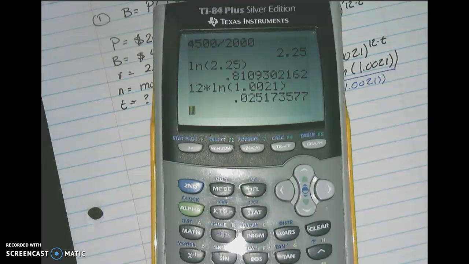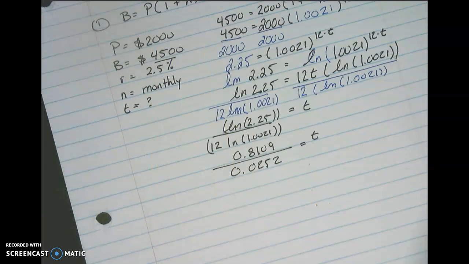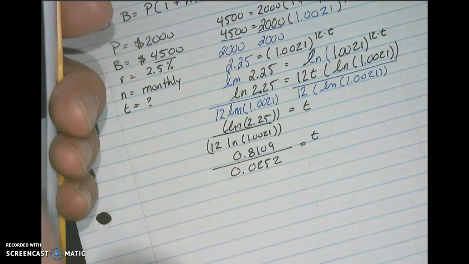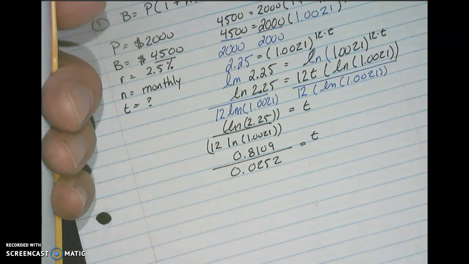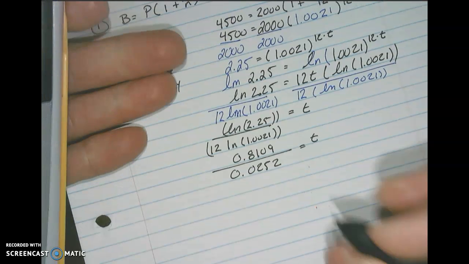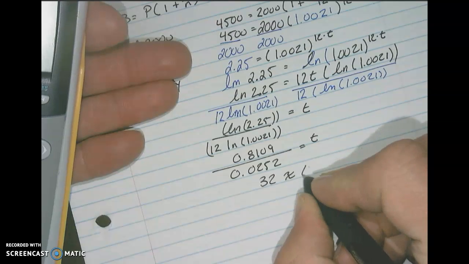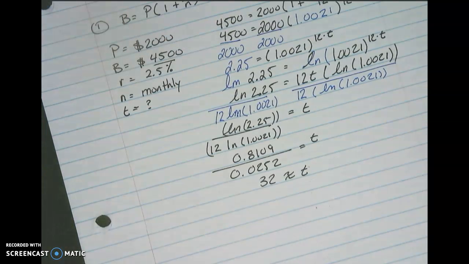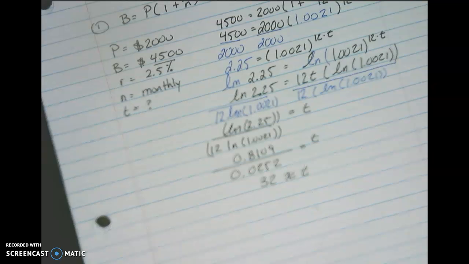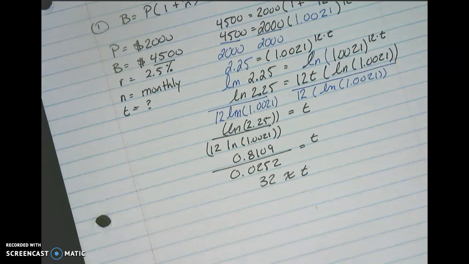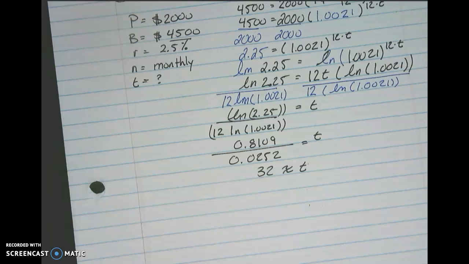Okay, so now once I've got those decimals, I'm just going to come up to here, divide those two, and realize that it took me approximately 32 years at that interest rate to make $4,500. And you're welcome.